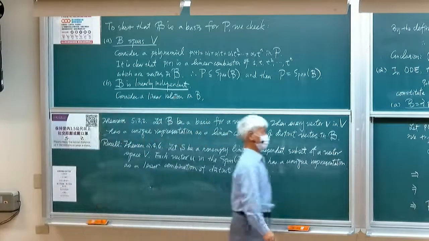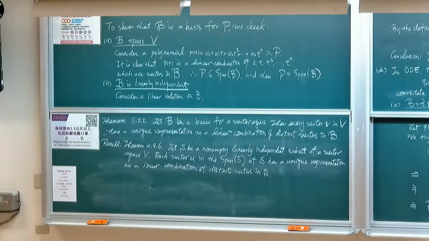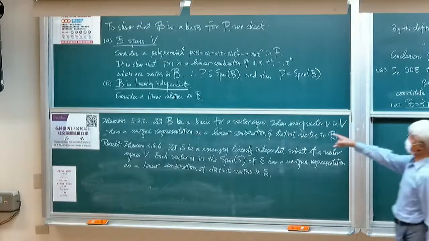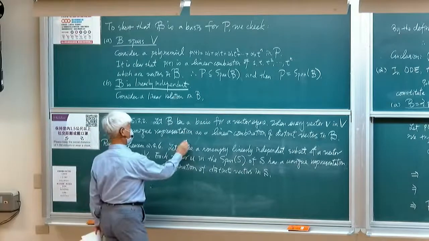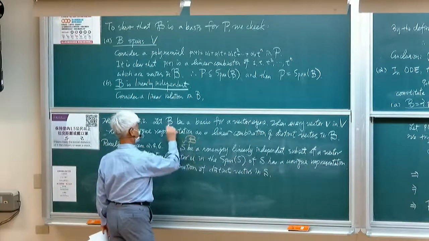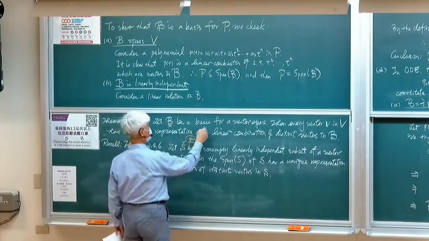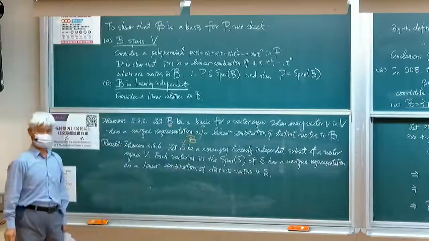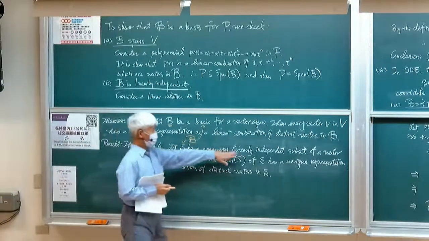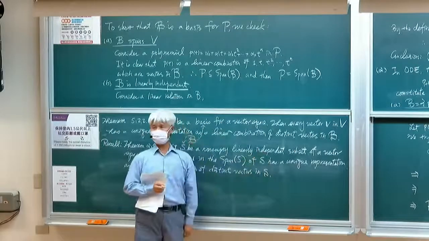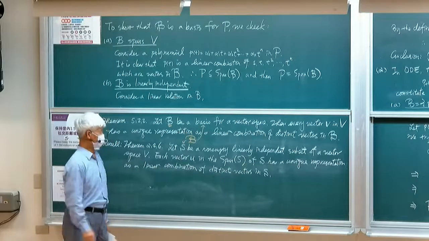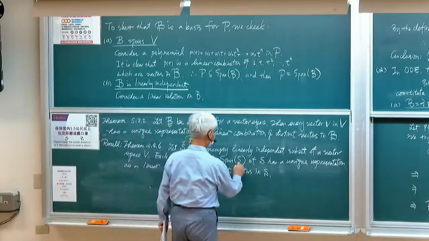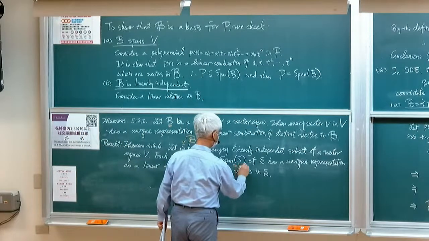Now, if S is a basis for V, then the basis is a non-empty linearly independent subset, and the span is equal to V itself.